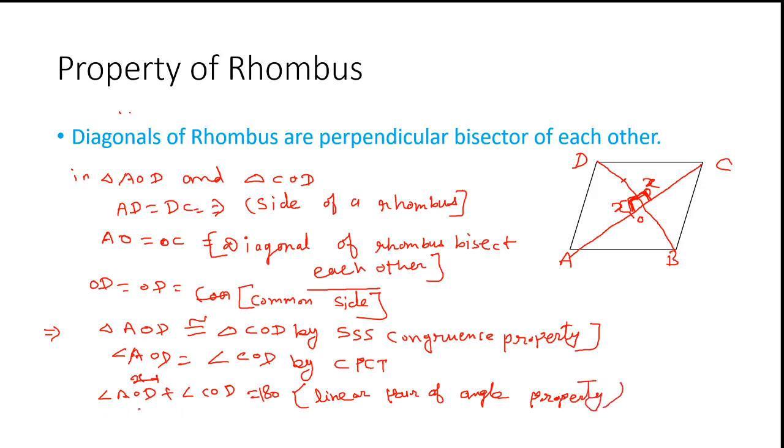Here angle AOD is X, COD is X, so X plus X is equal to 180 degrees, which implies that X is equal to 90 degrees. So hence proved, the diagonals are perpendicular bisector of each other.